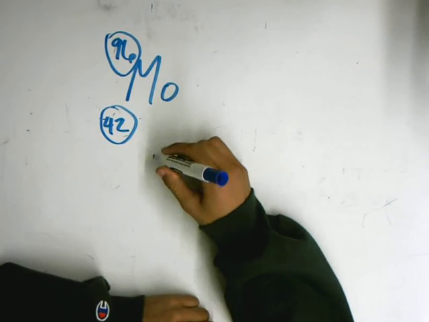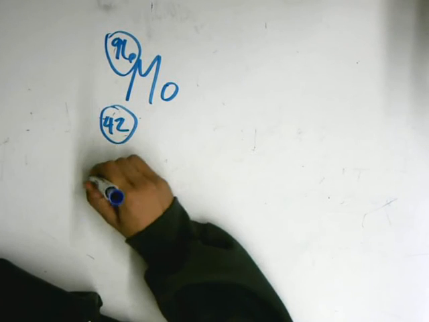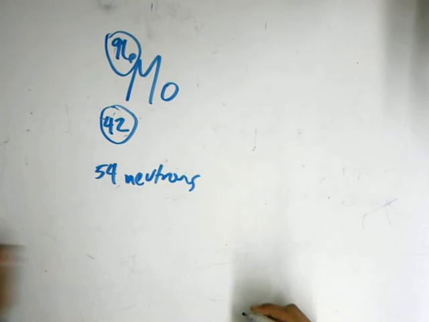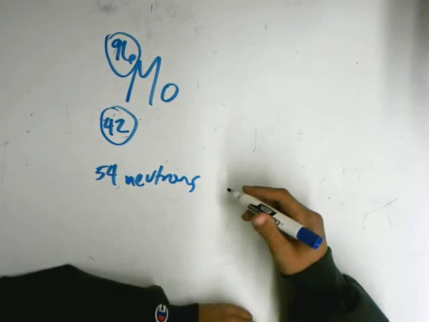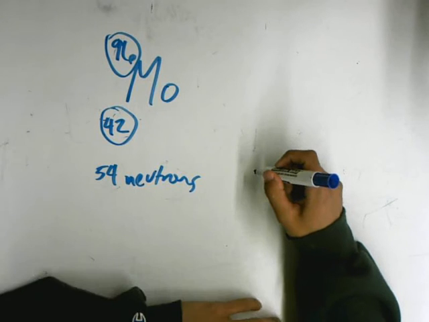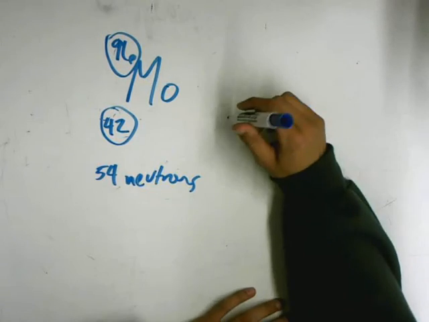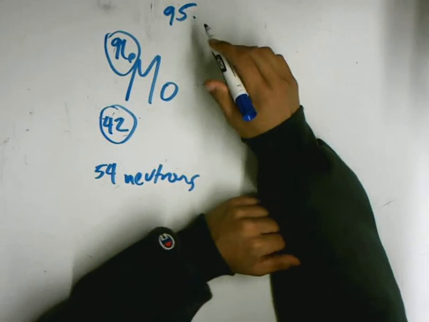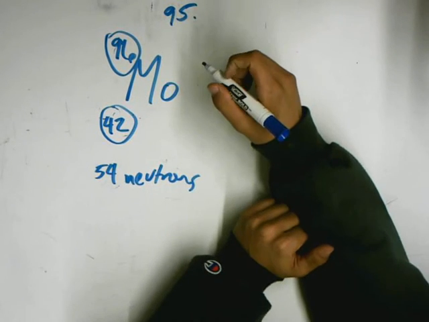So now what you do is you'll get the atomic mass, which is 95.96. Yeah, 96. And then you'll plug these two numbers into the equation.